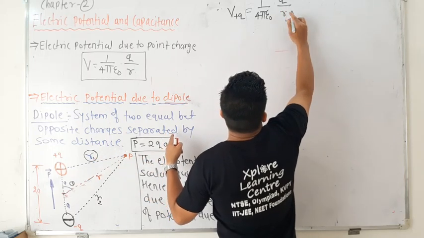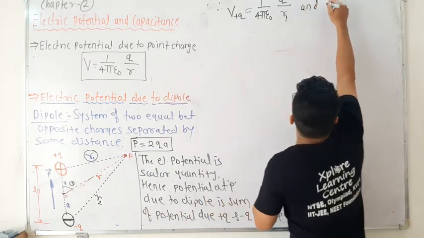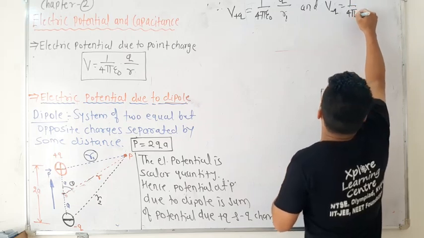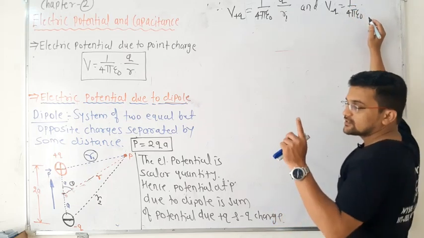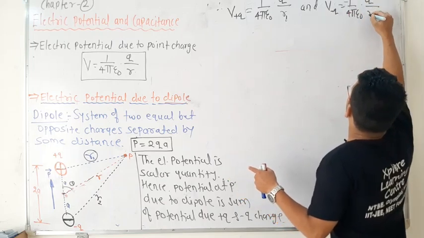Similarly, the potential due to negative charge minus q is 1 upon 4 pi epsilon naught, with a minus sign because it is a negative charge, q divided by r2.